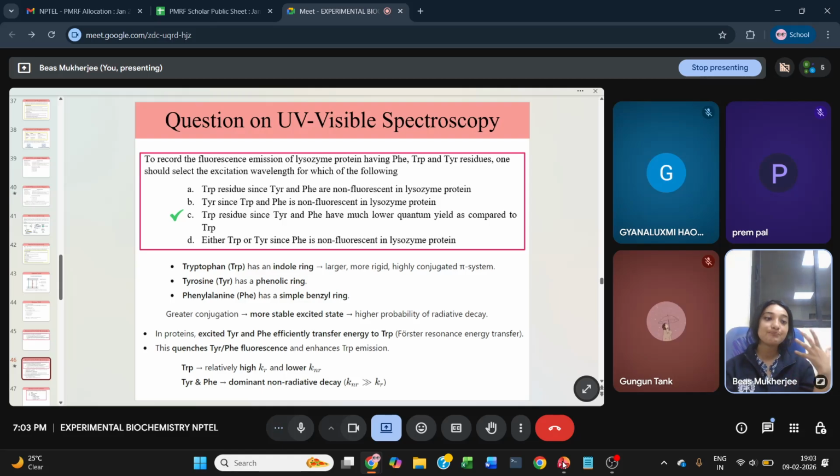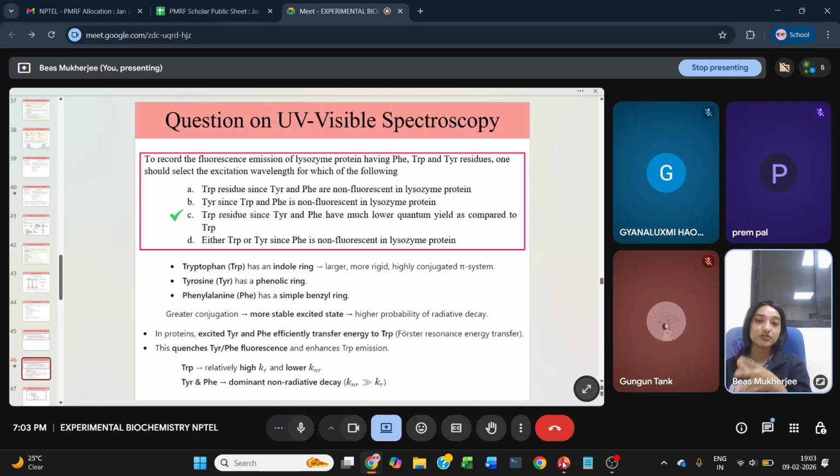That is because tryptophan has a very large absorption capacity compared to tyrosine and phenylalanine. Why is that so? Because of its indole ring, a largely conjugated pi electron system. Mainly because of the structure, and also because tryptophan has very high Kr and lower KNR.